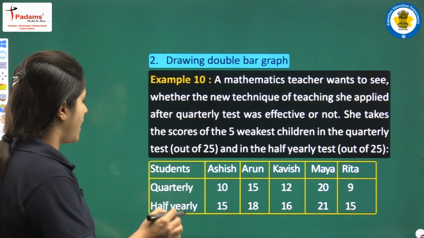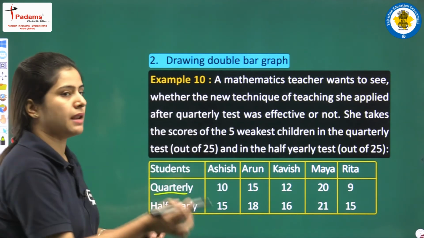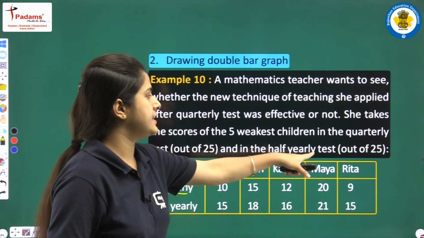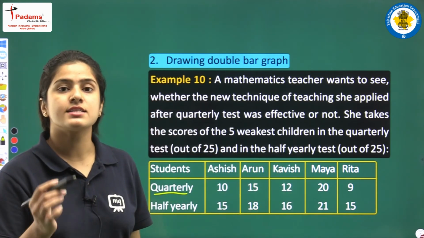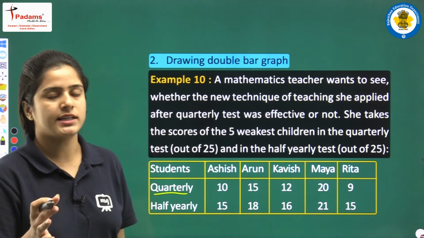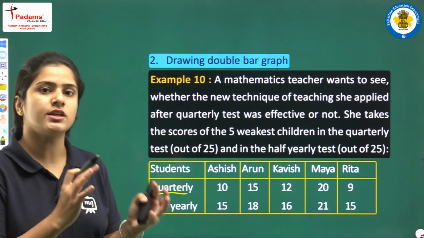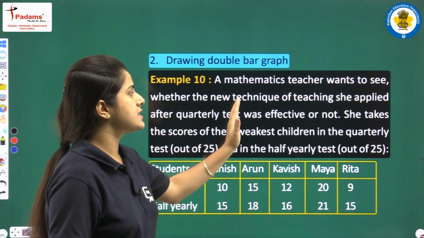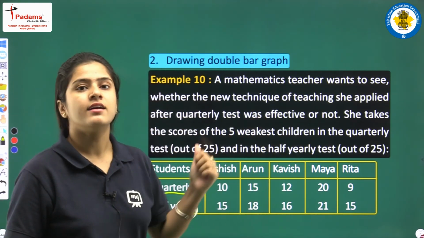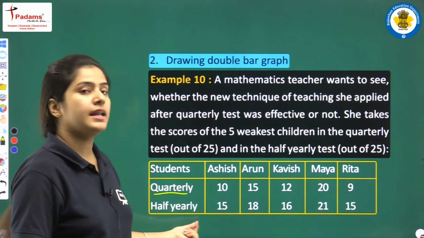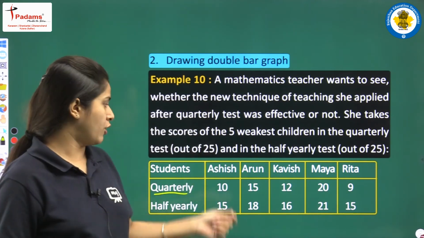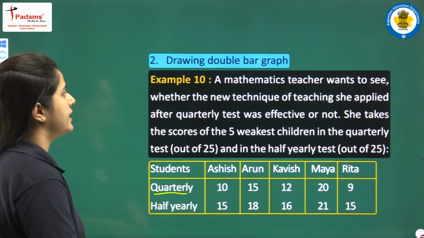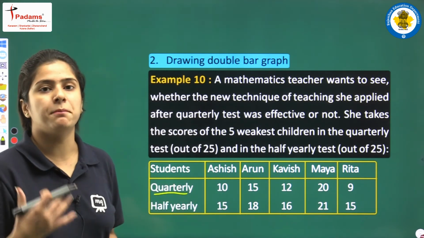After the quarterly test she applied the new technique, and then the half yearly test was taken. If the technique is to be effective, then the half yearly marks should be more than the quarterly marks. We will discuss this with the help of a double bar graph.